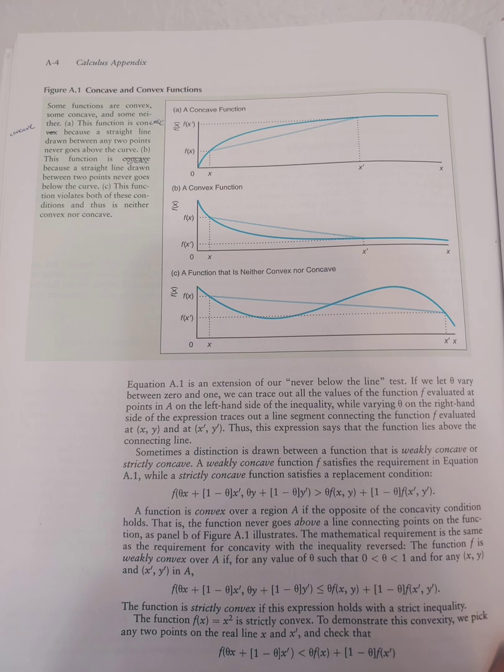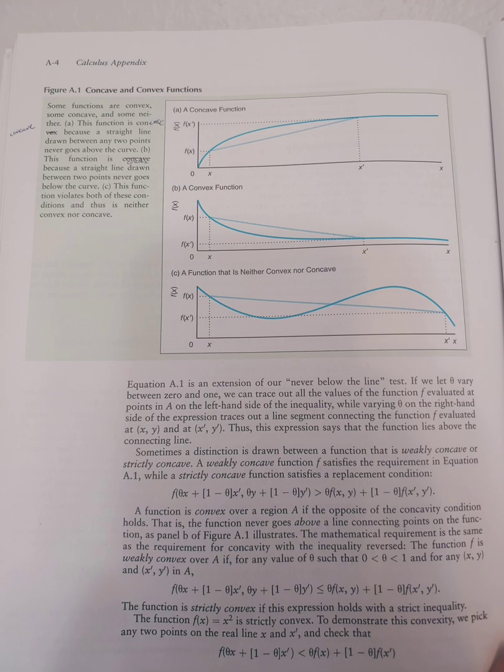In panel C of figure A.1, the function x cubed is not concave or convex over the domain of real numbers. It is concave over the negative real numbers and convex over the positive real numbers.